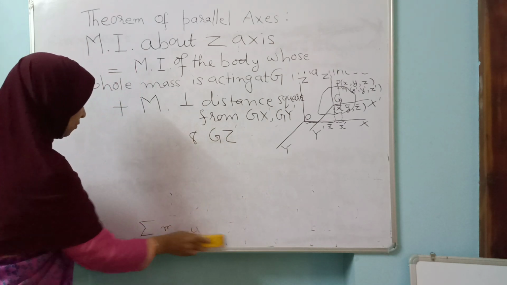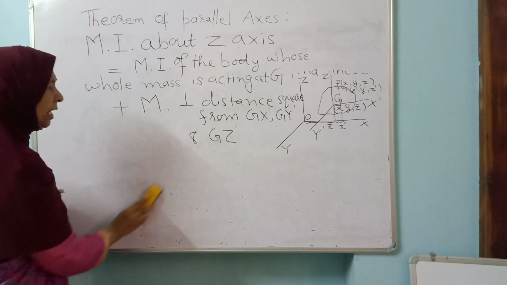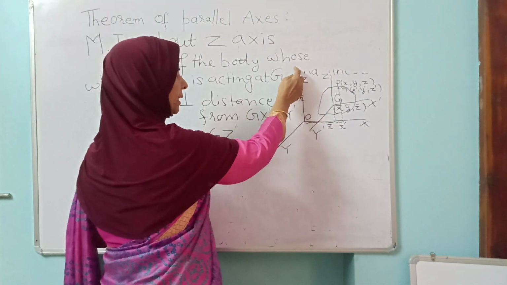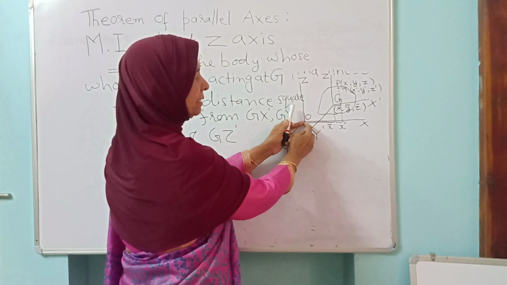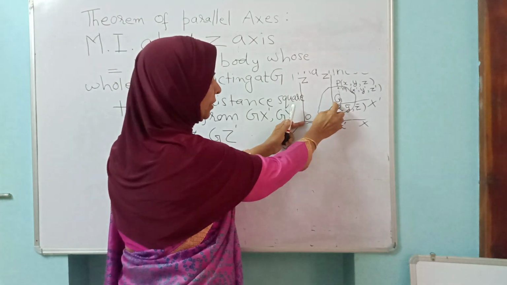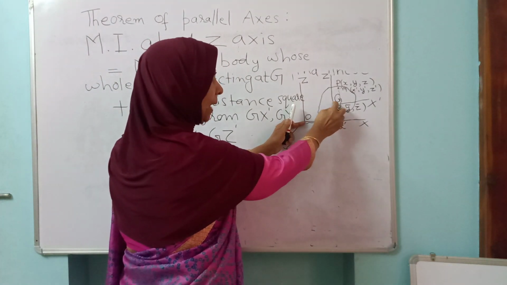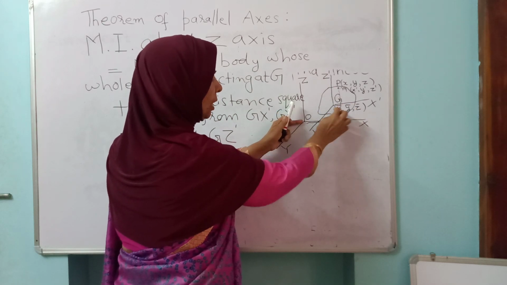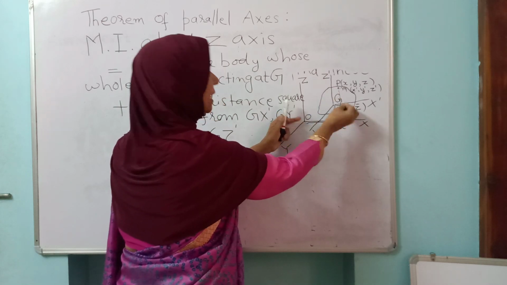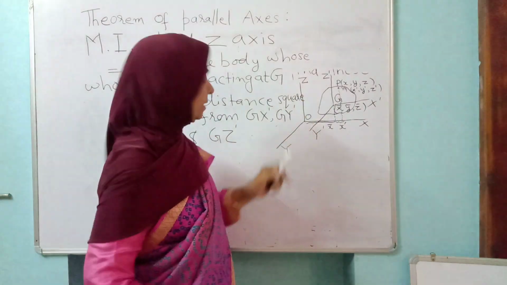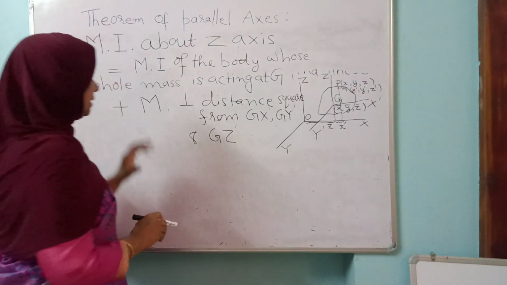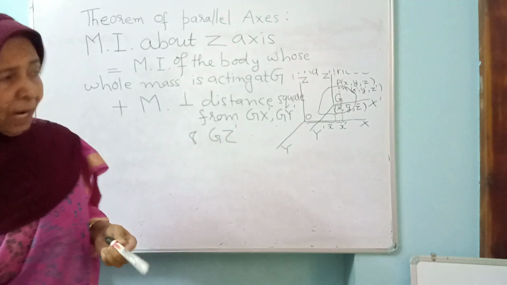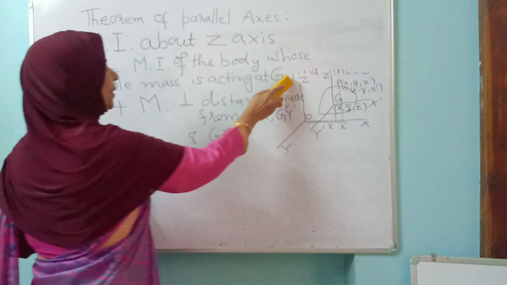So, if you want to find the moment of inertia about a parallel axis, it will be the sum of two quantities: moment of inertia about G plus the mass, total mass collected at the center, times the perpendicular distance square. So this is the sum of two quantities and there you have only one quantity.